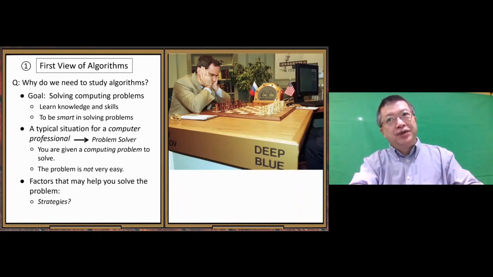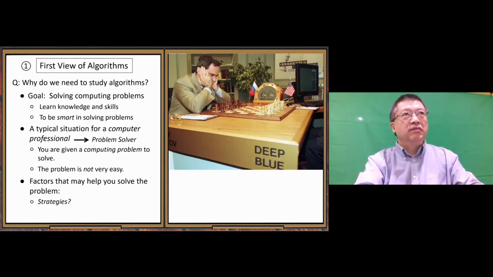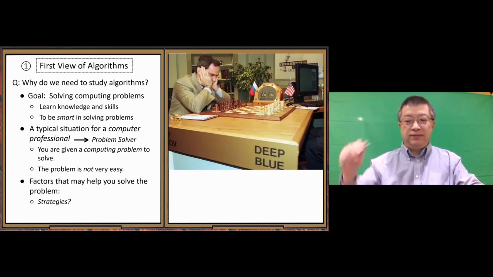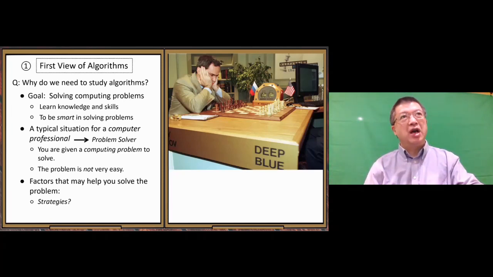Here, I like to use this chess because this is a famous event in human history. Human chess champion versus AI. Garry Kasparov versus IBM's AI chess system, it's called Deep Blue.